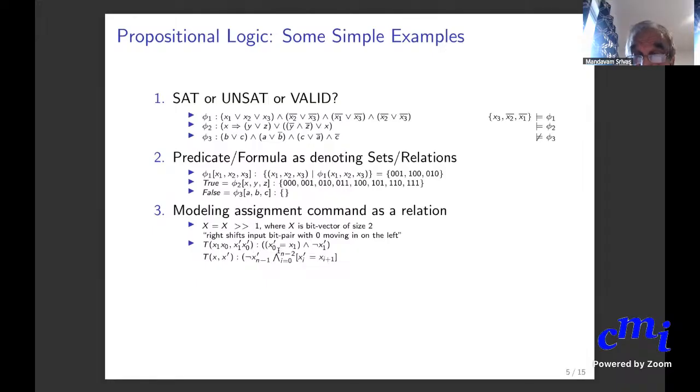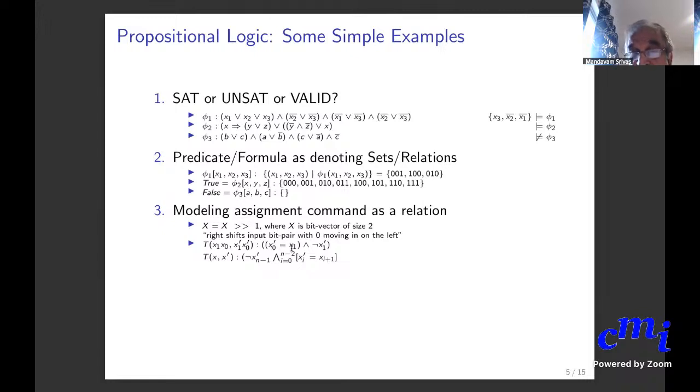This should capture the effect of shifting it right and moving a zero into the most significant position.